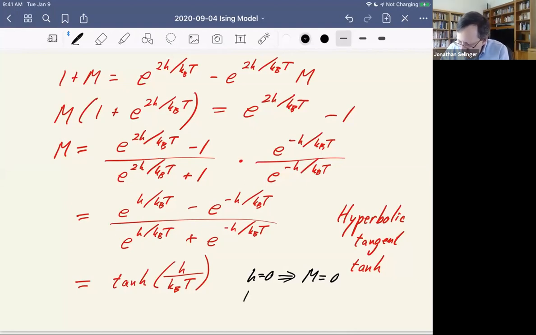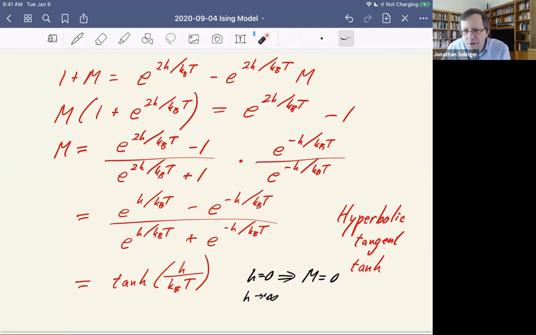What about if h is really big? Let's say h goes to positive infinity. Well, in the numerator, we have a really huge number minus a really tiny number. Forget about the tiny number, we just have the huge thing.